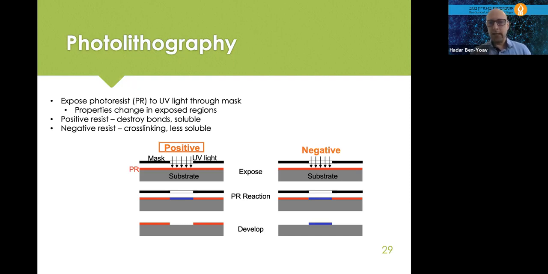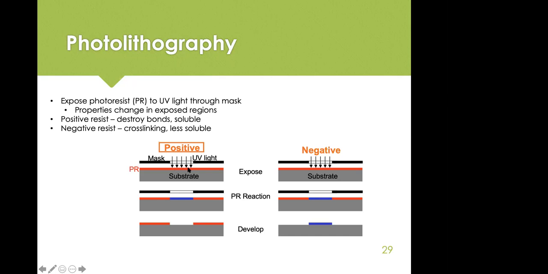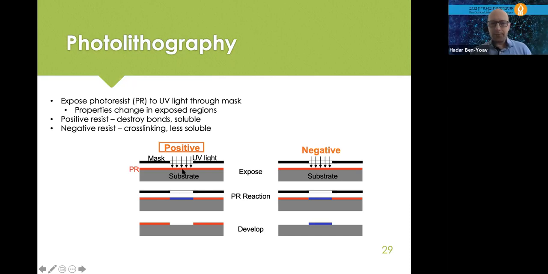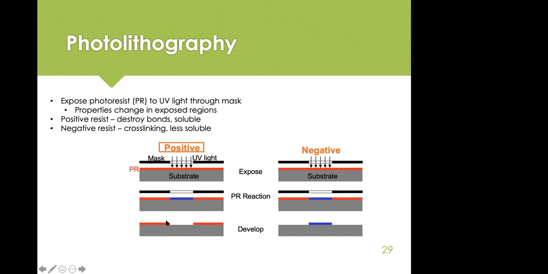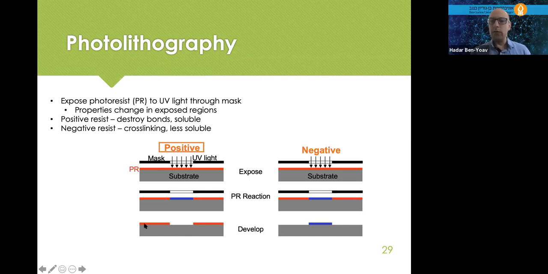In this kind of resist, the chemical interactions between the polymers are loosened, they become weaker. So whenever the light touches, the connection between the polymers will be weaker. And then when we put in a solution that develops the photoresist, only this area will be removed, and this area that doesn't touch the light will stay.